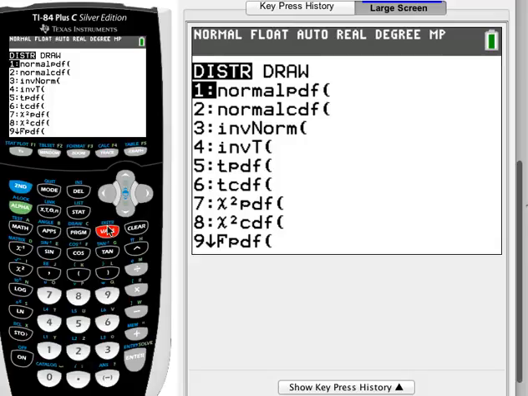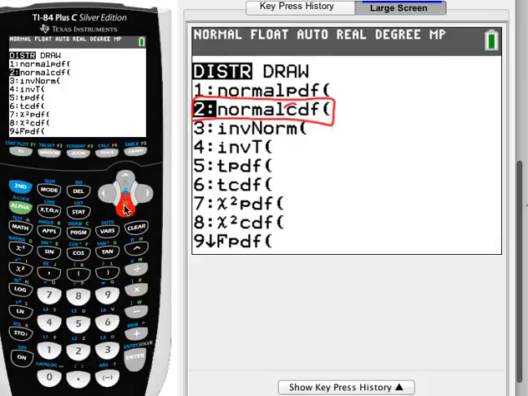So usually we either go into stat or we're going to be going into distribution when we're doing statistics. Now, I want this normal CDF command. Okay, this right here, because this is going to find the cumulative effect. So in this one, you're always going to want C. You're never going to be using the P. And what this does, this calculates the area under the curve.